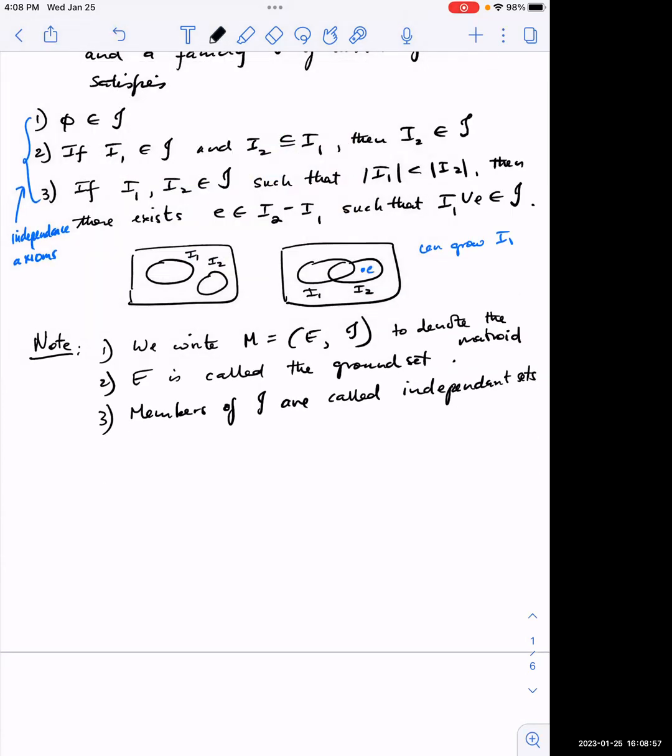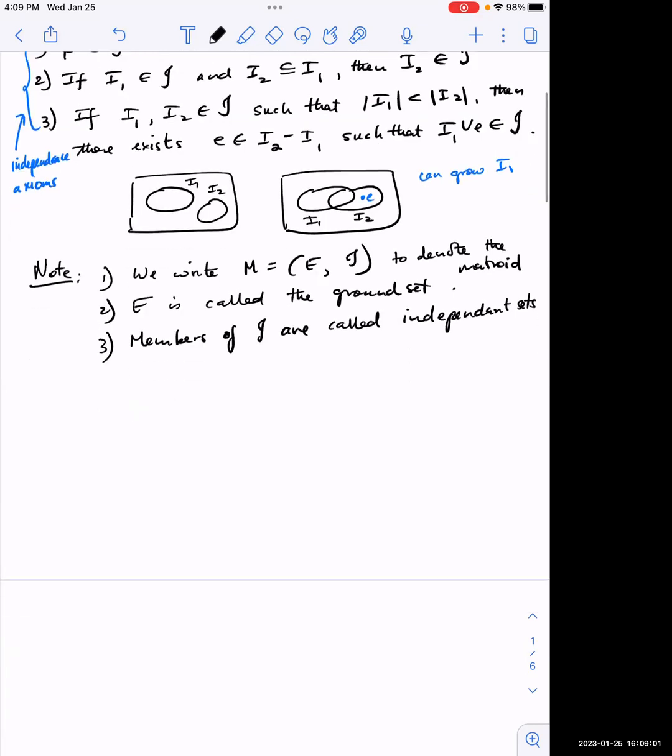So for our first example, it's not going to be graphs or matrices, which are the typical examples given of a Matroid. Our first example is just going to be a set system. So the ground set E is just 4 elements.